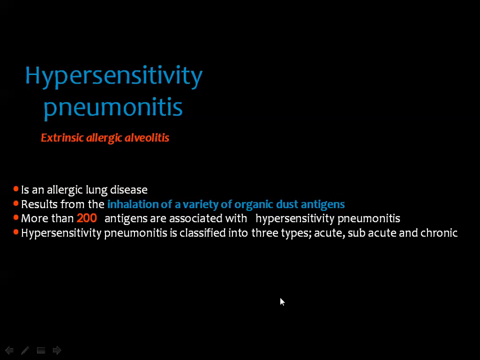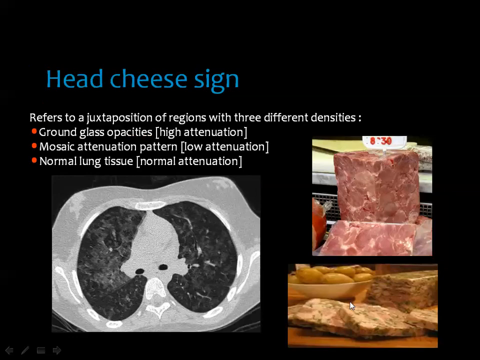It is known that more than 200 antigens are associated with hypersensitivity pneumonitis, and this type is divided into three phases: the acute phase, the subacute phase, and the chronic phase. The changes in the lung are in the form of ground glass opacities alternating with areas of low attenuation as well as areas of normal lung tissue.